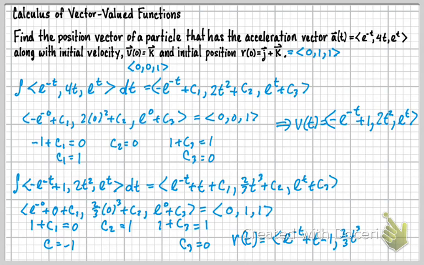Plus 1, because that's my c2 here, comma. And for my c3 is 0, and this is my third piece, so that's just going to be e to the t, because it's plus 0. So there is my r(t).